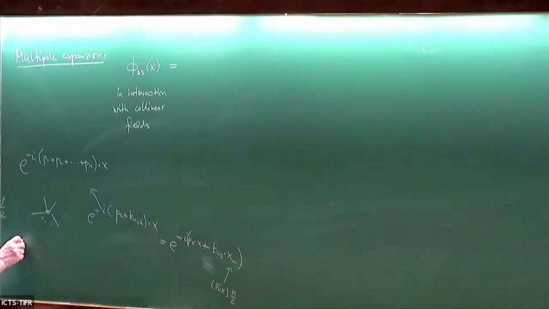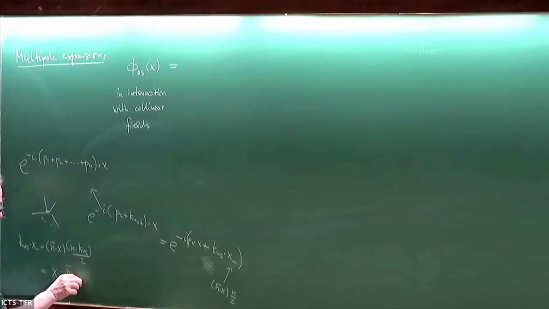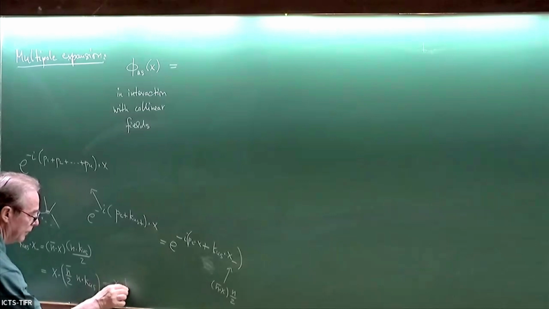Because K ultrasoft times X minus is the same as n bar dot X n dot K ultrasoft over 2, which is the same as X times n bar over 2 n dot K ultrasoft, which is the same as X dot K ultrasoft plus.